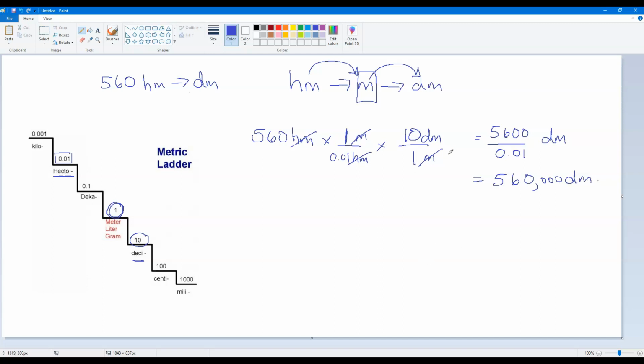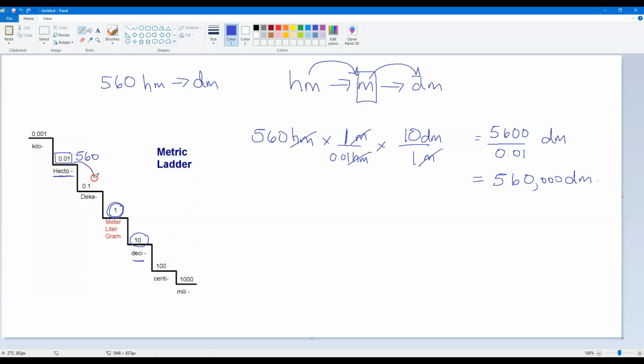So that's using the conversion factors to get to here, and the conversion factors you get from the metric ladder. Another way I could do this is I'm at hectometers here, so I could put 560 hectometers, and then I could see how far to move my decimal place down to get to deci.